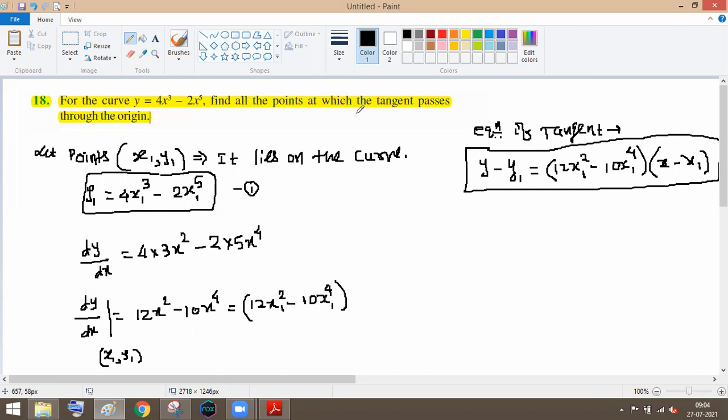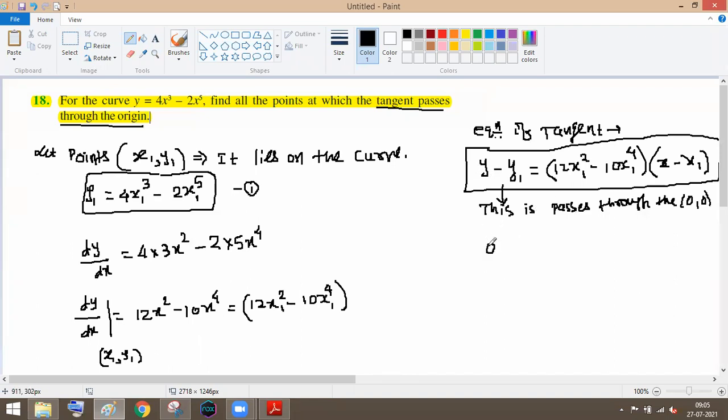And it is a question. In the question, it is given that all the tangents pass through the origin. So can we say that this passes through the origin, meaning 0, 0? If this line is passing through the origin, then the origin must satisfy this equation.